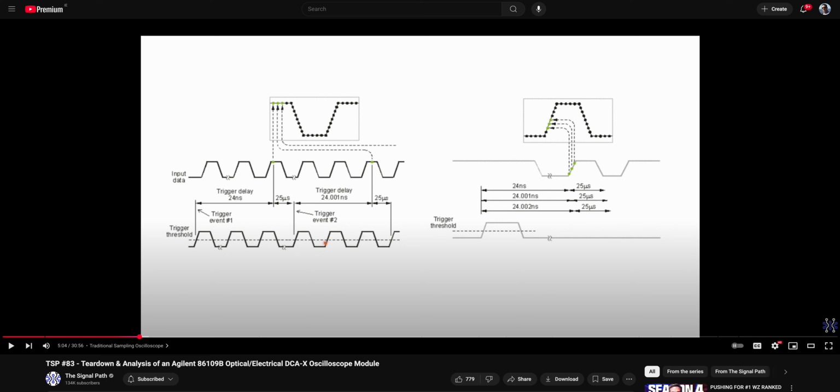And then there are a couple of videos from The Signal Path, very well done. In The Signal Path 83, there is a description of how digital sampling oscilloscopes work. In this case, it's an Agilent. This introduces a bit of the complexity in this technology.